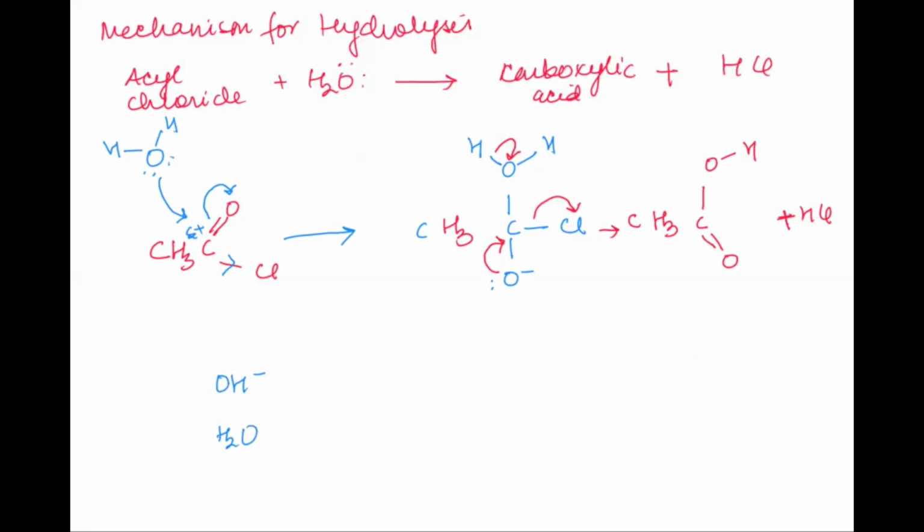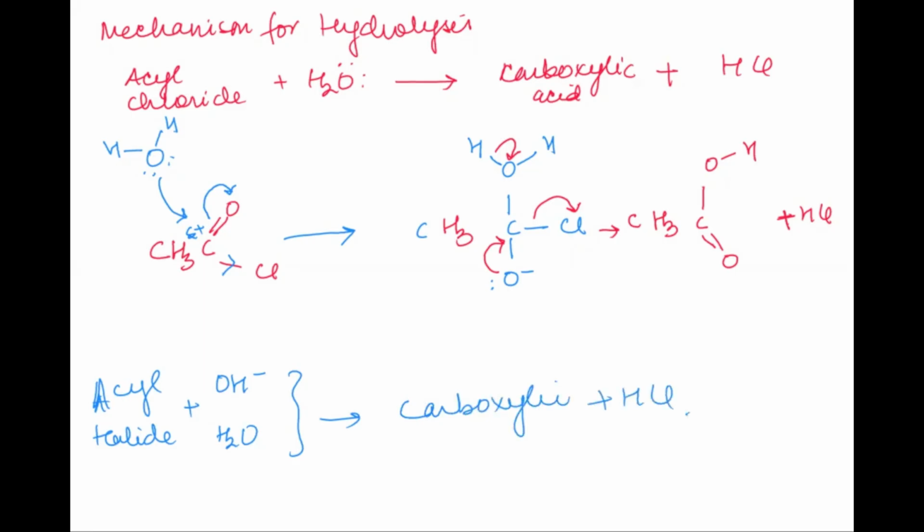Both of them can act as a nucleophile. On hydrolysis, when the acyl chloride reacts with either one of them, it's going to give you the carboxylic acid and it's going to give you HCl there. Okay.